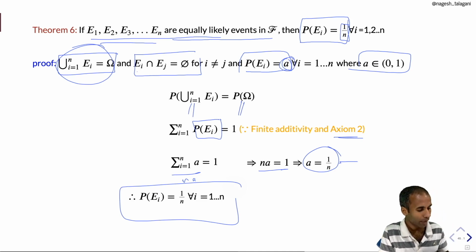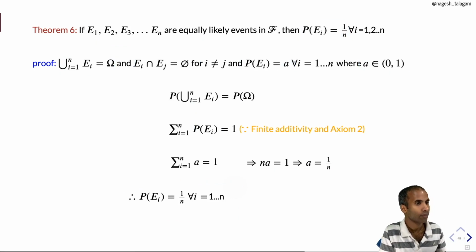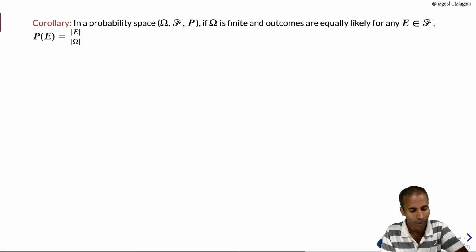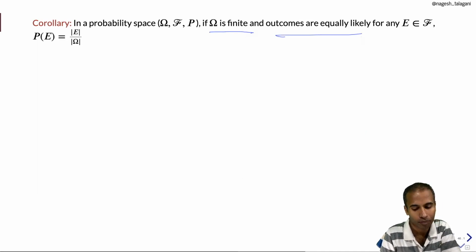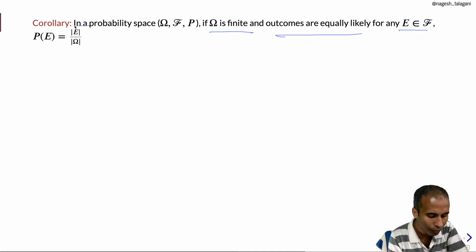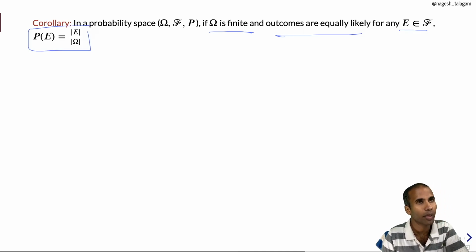Okay, fine. Next, corollary. In a probability space omega, script F and P, if omega is finite and outcomes are equally likely, then for any event E in event space, the probability of E is going to be simply the number of elements in E by number of elements in omega.